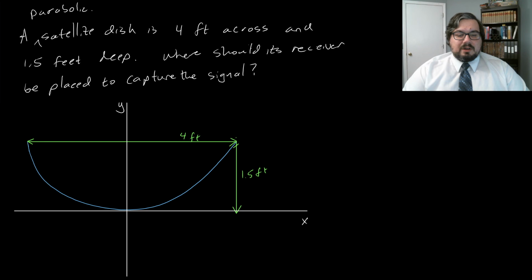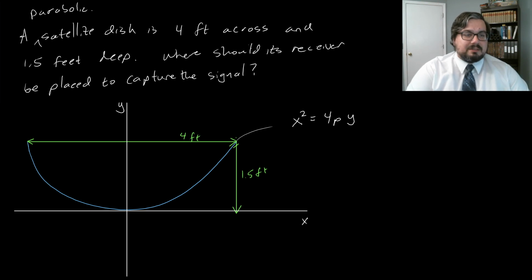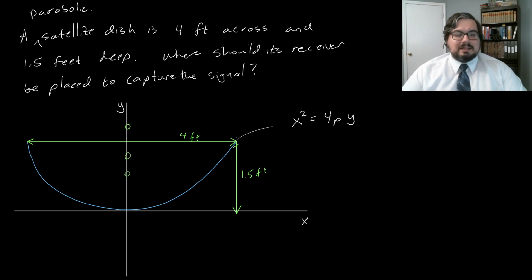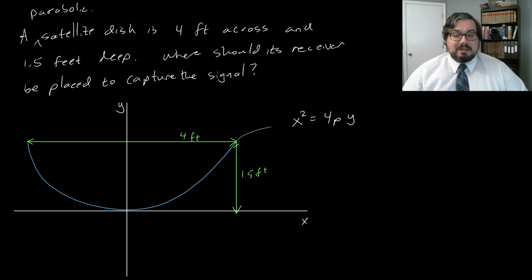And so we know that this system has a formula of x squared equals 4py. Now, this p is going to tell us where the focus should be. The focus should be somewhere along the y-axis, but we want to know how far up it should go, how far away from the center of the satellite dish it should go. For that, we need to figure out p.